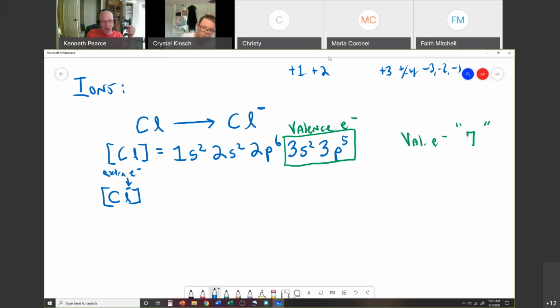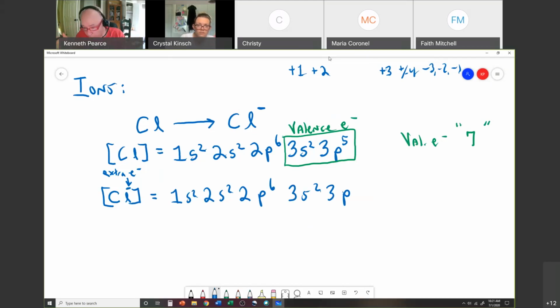You'd say 1s2, 2s2, 2p6, sure enough, for your core. And then you go 3s2, 3p. If you're chlorine neutral, you would say 3p5, right? But the chlorine ion has an extra electron.